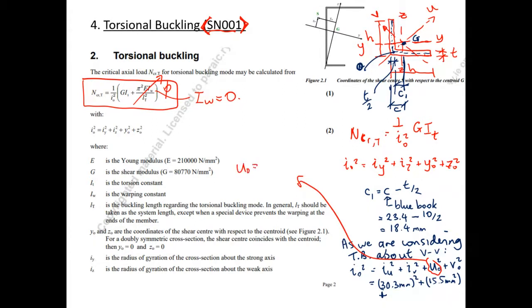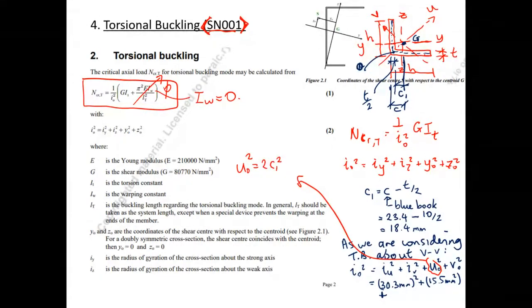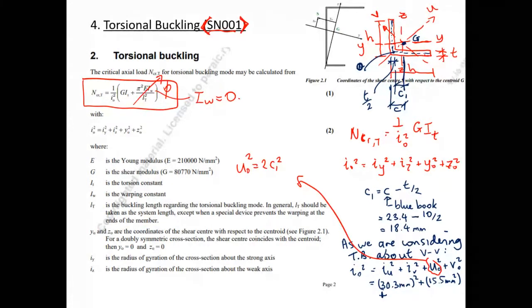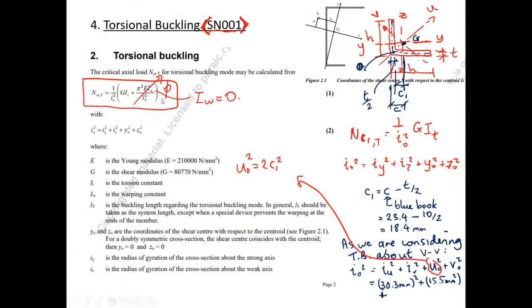So u_0 squared is equal to 2 C1 squared, which comes from Pythagoras' theorem. If I draw a box up here, C1 is this distance across here. I want to know what u_0 is, which is this distance along the diagonal on the u axis.